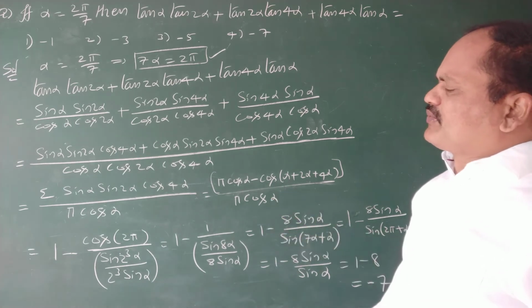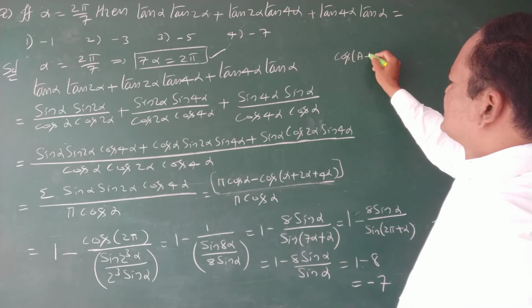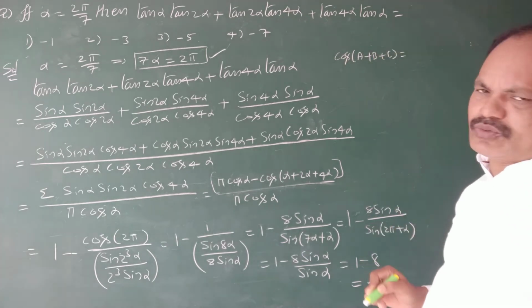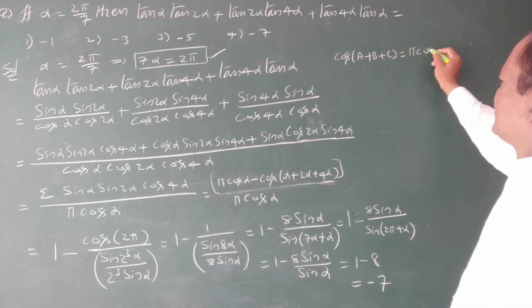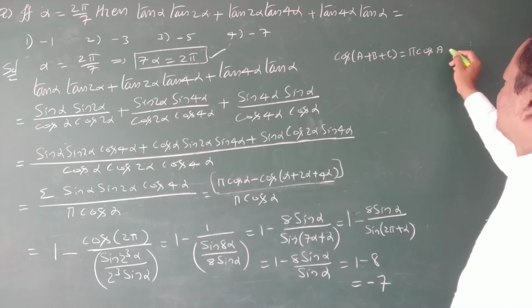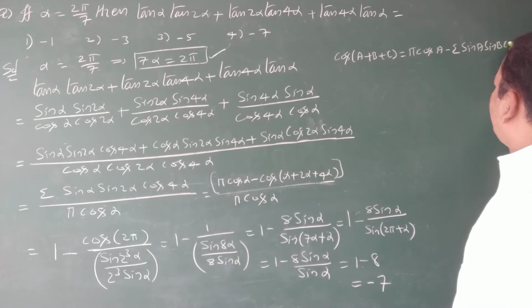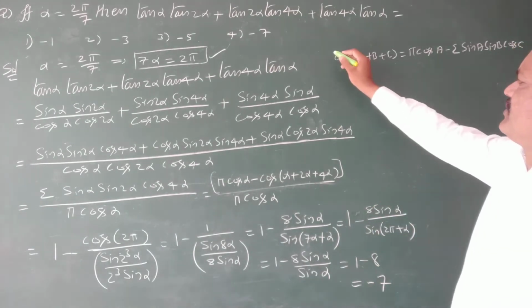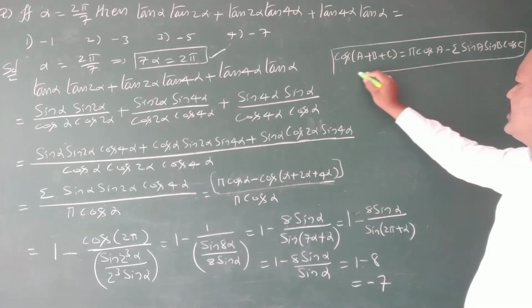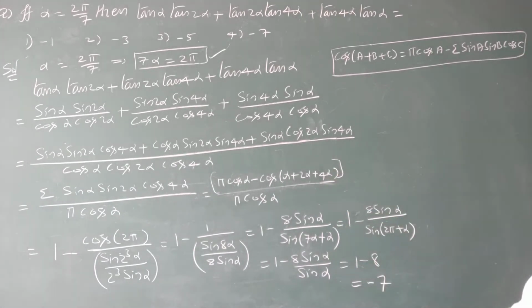Now we know one formula: cos (A plus B plus C) is equal to pi cos A minus sigma sin A sin B cos C. According to this form, suppose A is alpha, B is 2 alpha, C is 4 alpha.